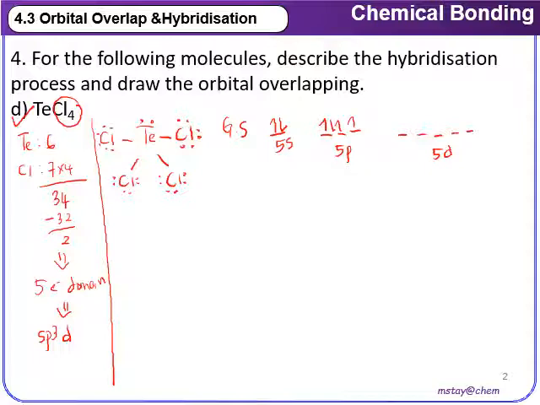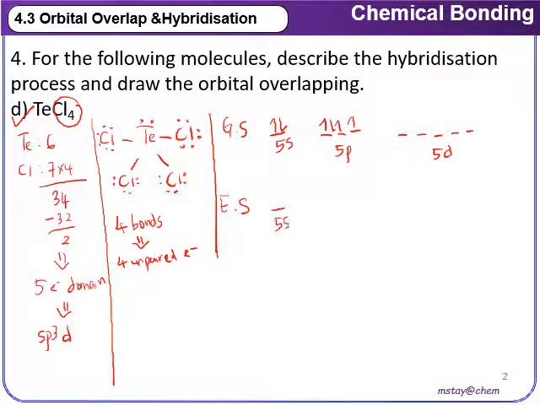But when we look at the Lewis structure here, we have 4 bonds. So that means we need to have 4 unpaired electrons. However, when we look at the ground state, there are only 2 unpaired electrons, which means we have to cross to an excited state.